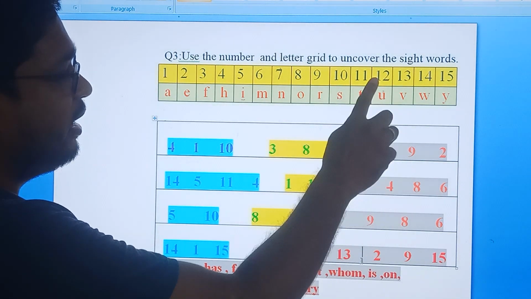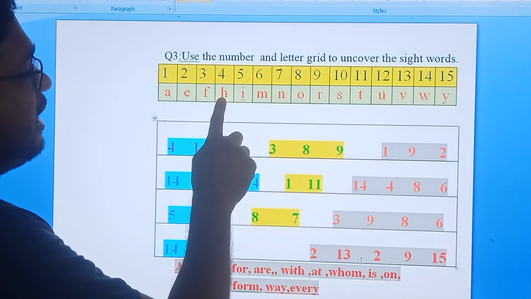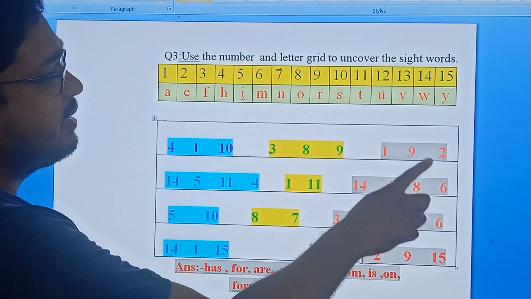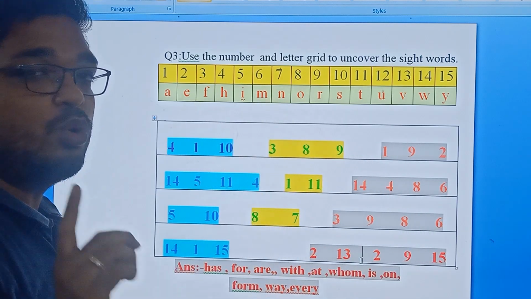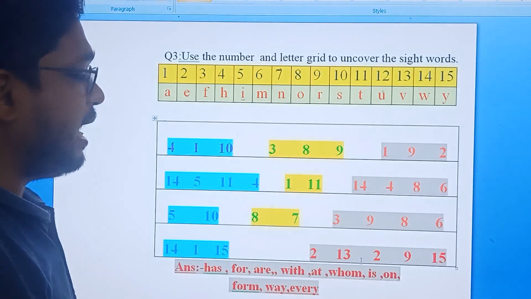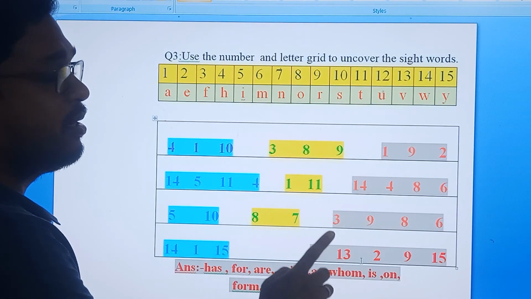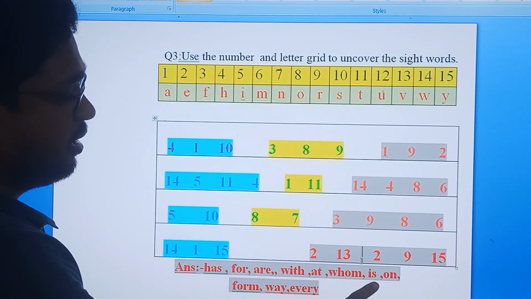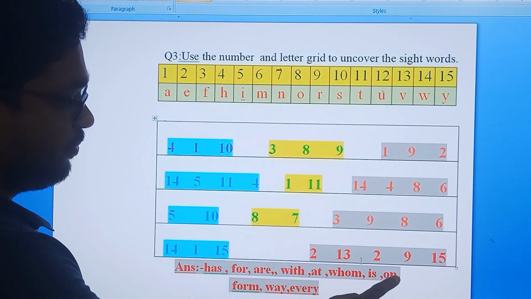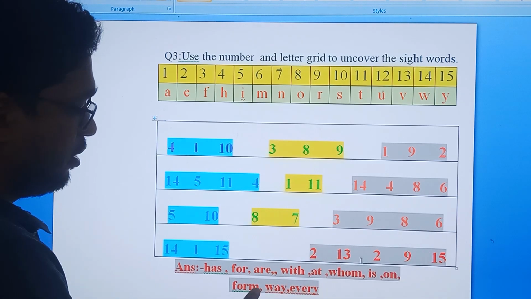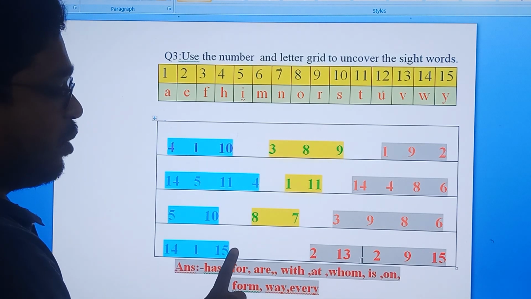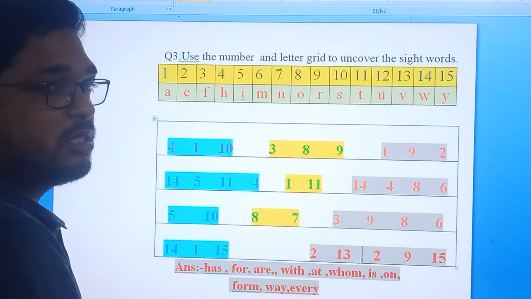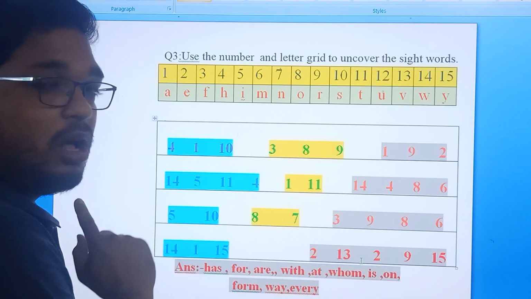Next, 14 is W, 4 is H, 8 is O, and 6 is M. W-H-O-M, whom. Like this, all these 5 numbers you have to complete, and the answers are is, O-N, on, F-O-R-M, form, W-A-Y, way, and E-V-E-R-Y, every. Try to solve. I have already given all the answers.